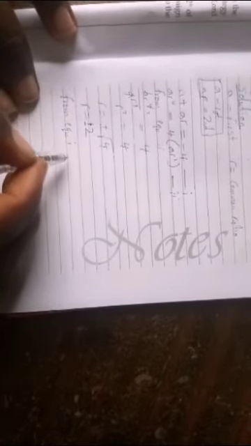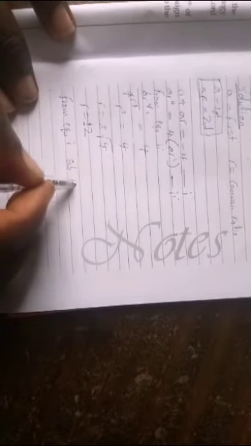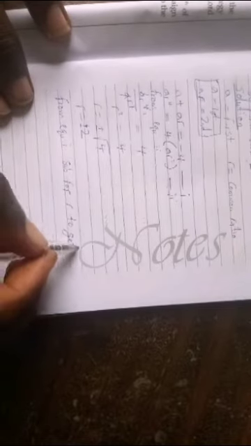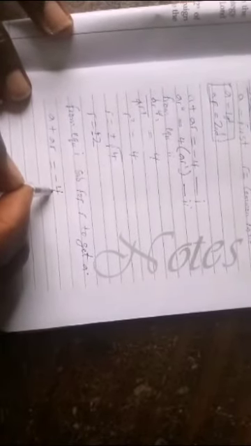Now from equation 1, we can substitute for R to get A. So we have A plus AR is equal to -4.